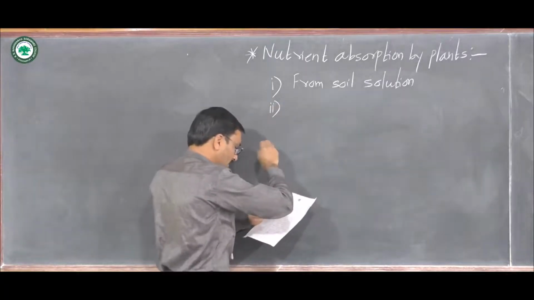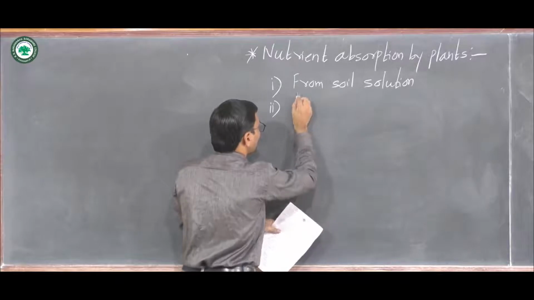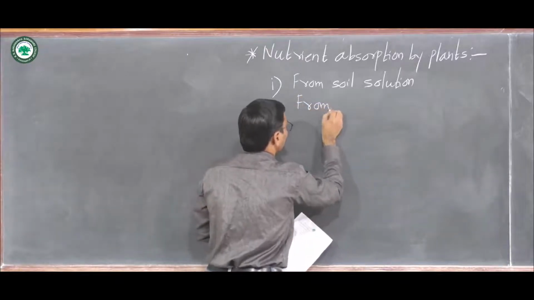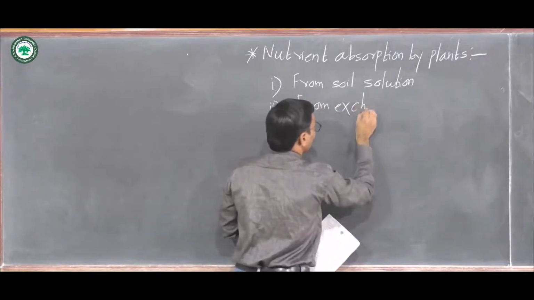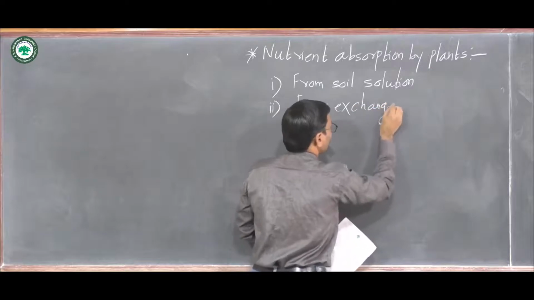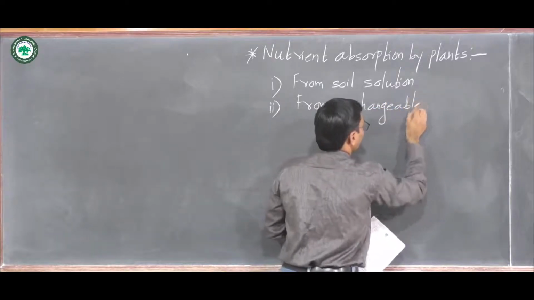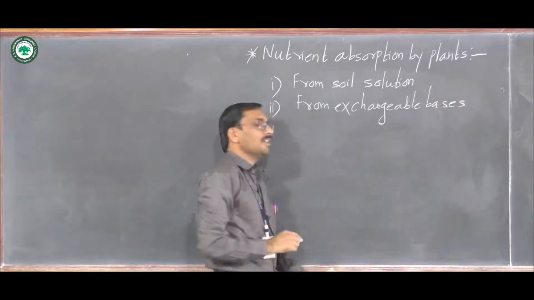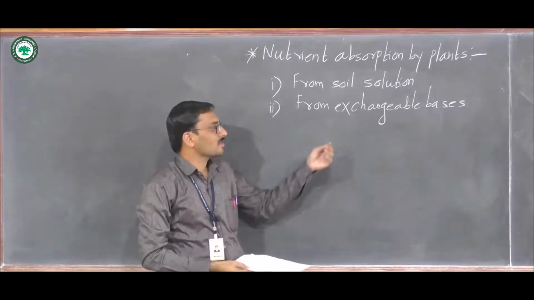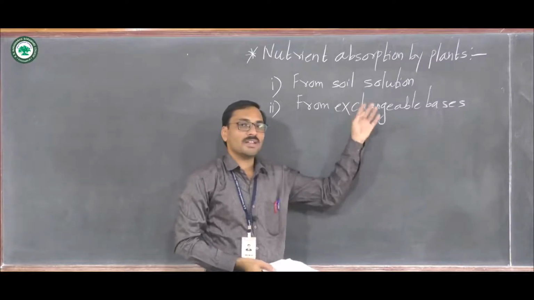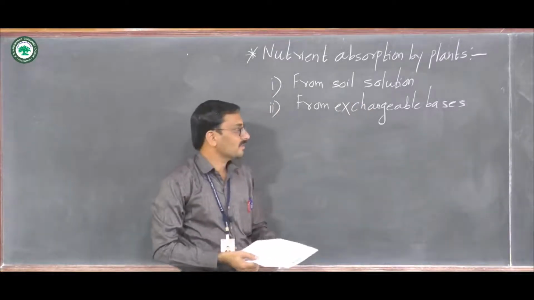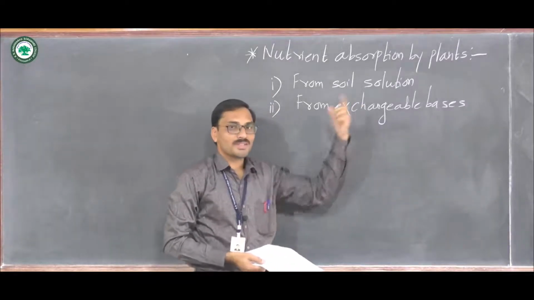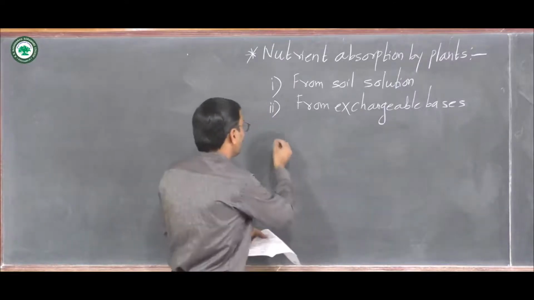The second device is from exchangeable bases. There are some exchangeable bases that exchange with other ions, and those exchangeable bases can be absorbed by the plant.